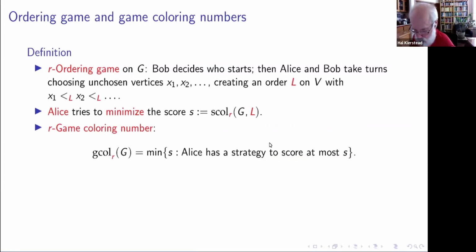But that's misleading, because actually when we apply this technique, Alice is doing her job. Bob is just ignoring his job. And maybe things go bad, maybe they don't. Okay. So Alice tries for a minimum score, Bob tries for a maximum score, and the game coloring number is the s that Alice has a strategy to achieve.